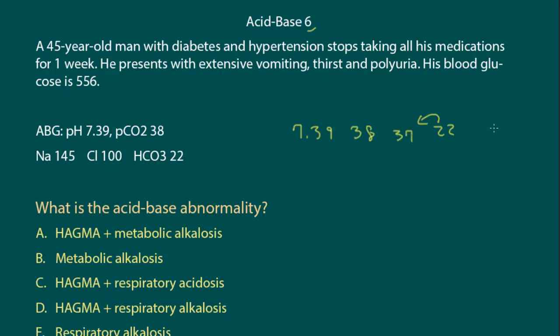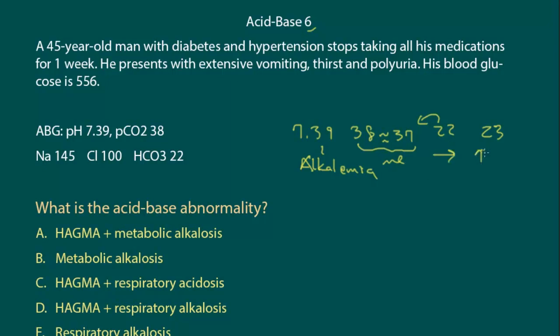We have an anion gap of 23, so we have a high anion gap metabolic acidosis. Going left to right, okay, we have an alkalemia. PCO2 is the same as expected PCO2. No other problem there. Bicarb is 22, neutral.